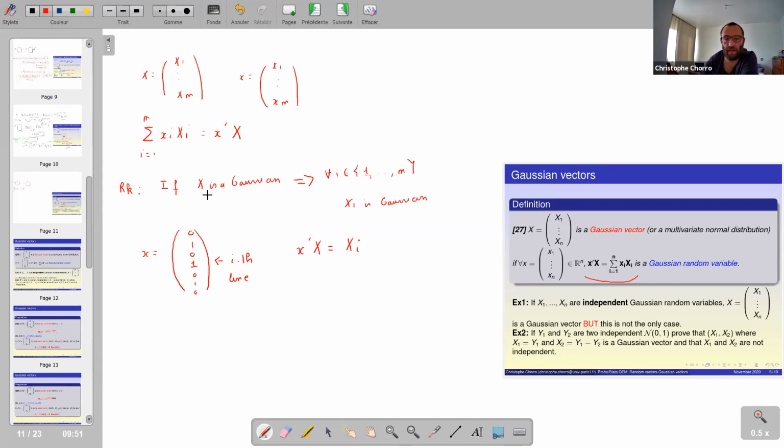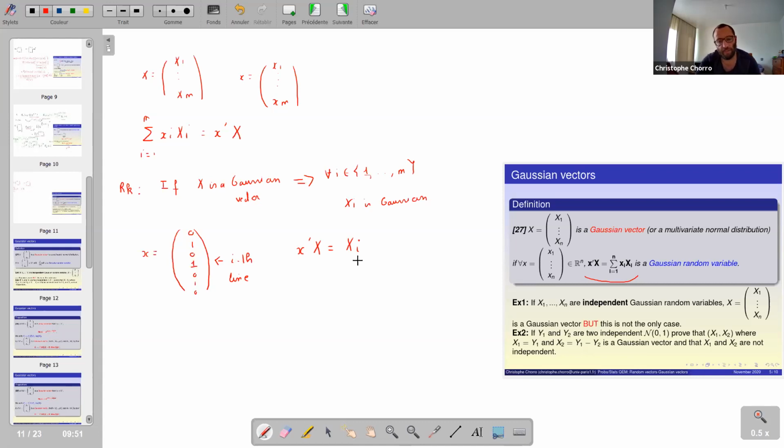So if I am a Gaussian vector, any linear combination of my components is Gaussian, and if I take this particular linear combination, I obtain that each component of the vector is Gaussian.